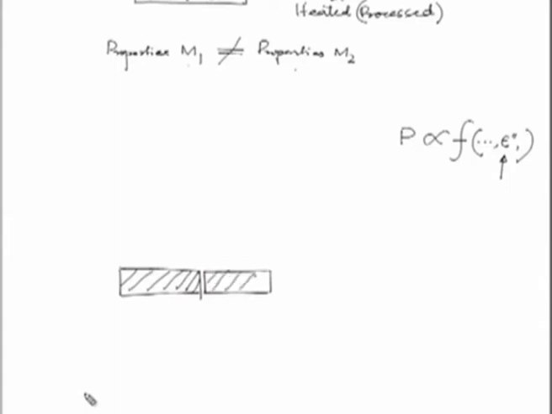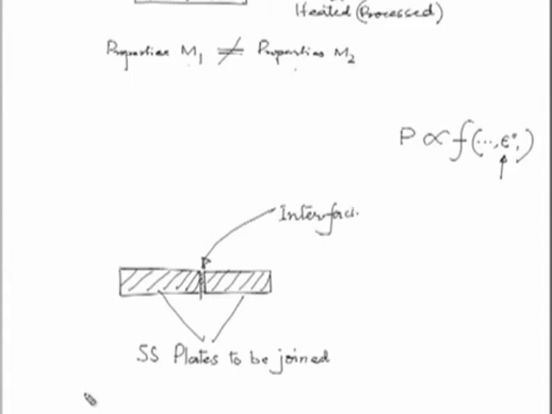So, these are the plates to be joined, say SS plates, stainless steel plates. In between we are keeping one interfacing layer. So, this is nothing but a powder layer.